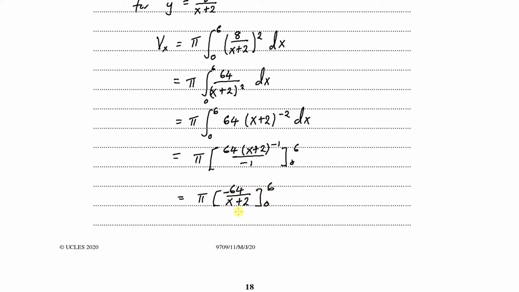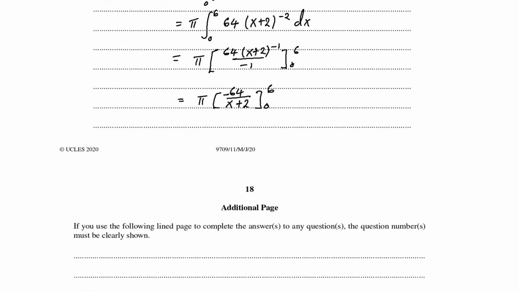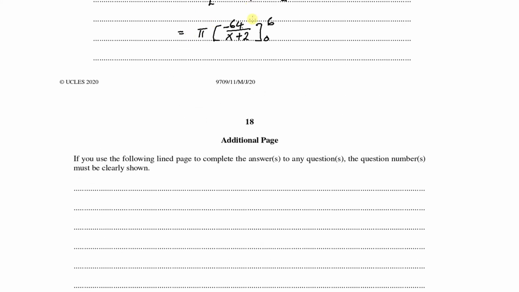So we substitute 6 into this. Let's do that. That will be pi of minus 64 over 6 + 2, which is 8, and minus, substituting 0, minus 64 over 0 + 2, which will just be 2.